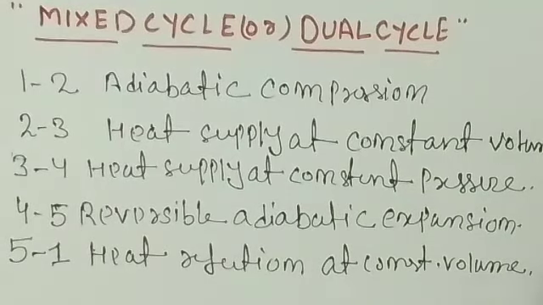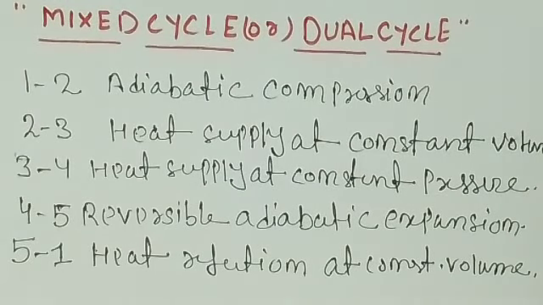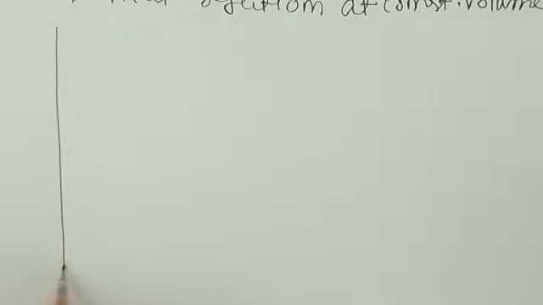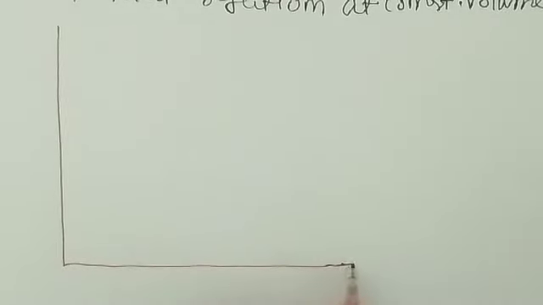okay. Now these processes we will see on the pressure versus volume and temperature versus entropy diagram. So first of all, I'll draw the PV diagram, that is pressure versus volume diagram for the dual cycle, right? For that I'll take the pressure on the y-axis and volume on the x-axis, right?